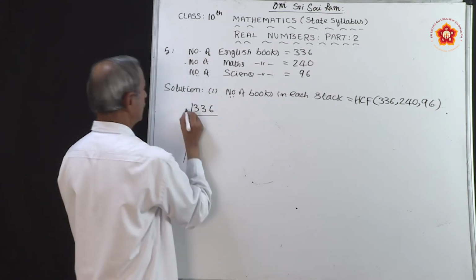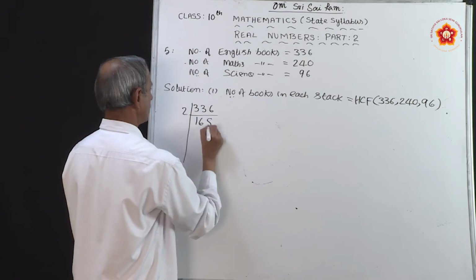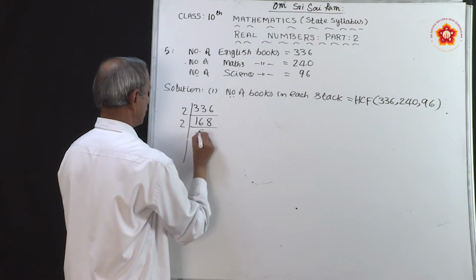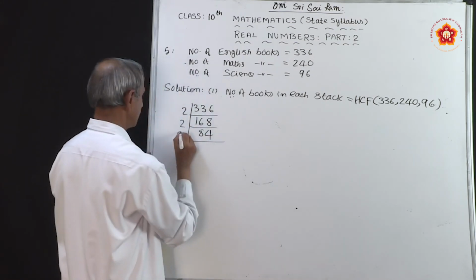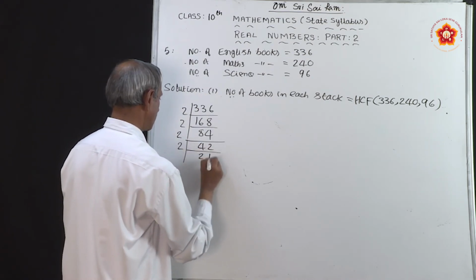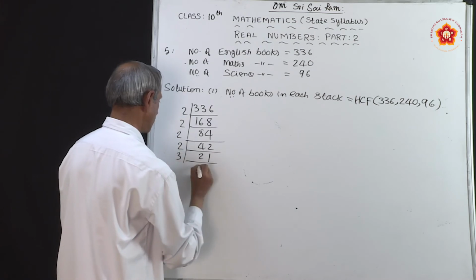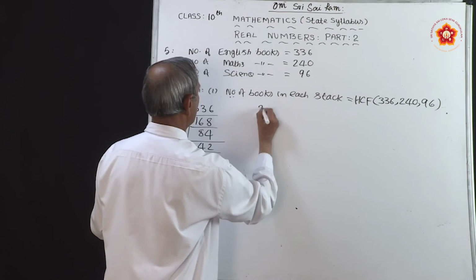Now, I will divide by 2. I am finding the prime factors of 336 now. Similarly, I will find the prime factors of 240 also.